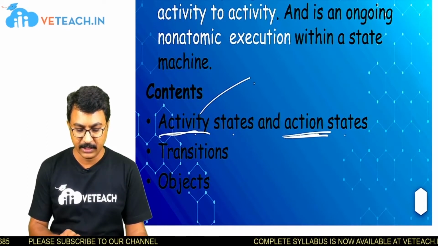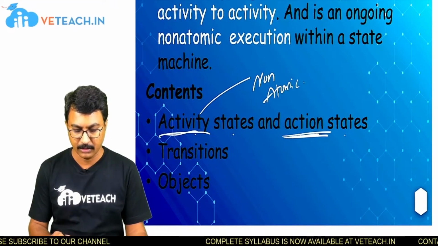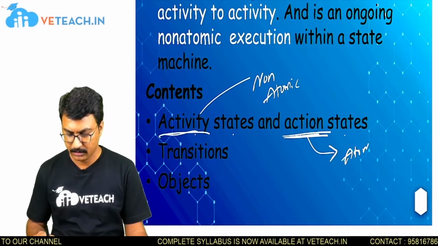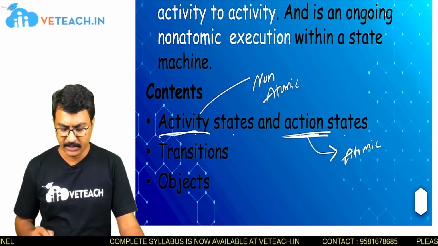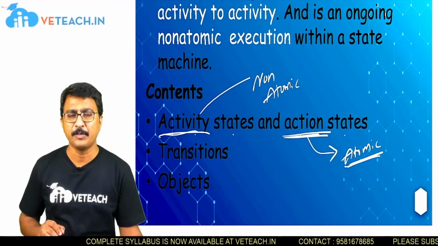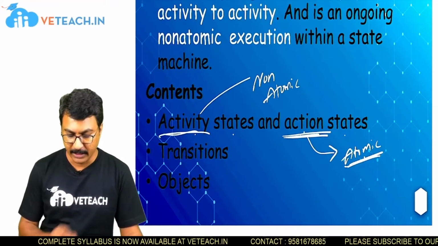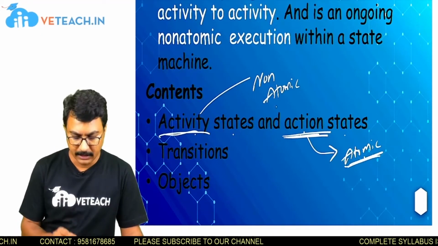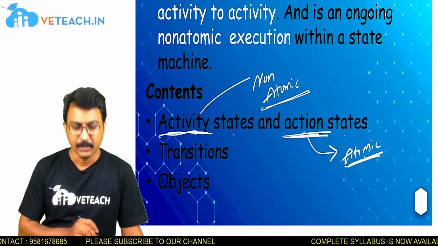An activity state is non-atomic in nature, whereas an action state is atomic in nature. So what do you mean by an action state? It is a behavior that cannot be further split, represented as atomic, and so it is an action state. An operation that can be further split is non-atomic, and so it is an activity state.